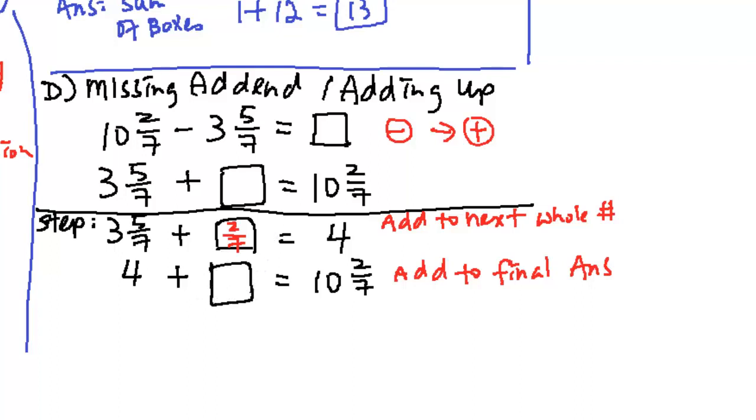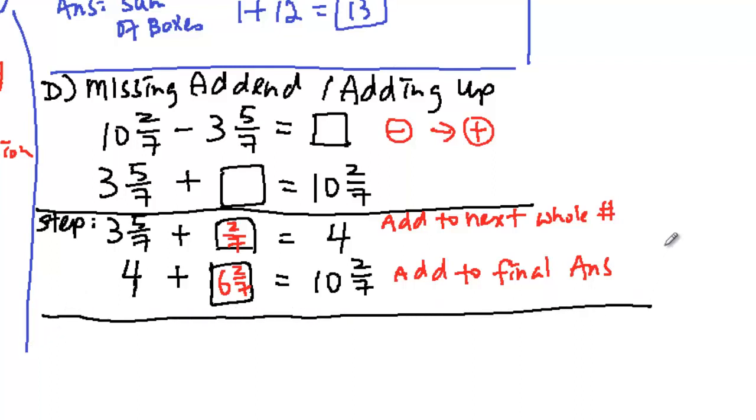So 4 plus 6 will give me 10, but I need 10 and 2/7, so I need 2/7 more. So look at this again. First we add to the next whole number, and then we add to the final answer.